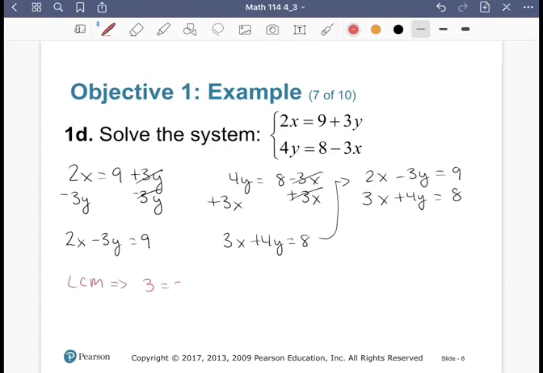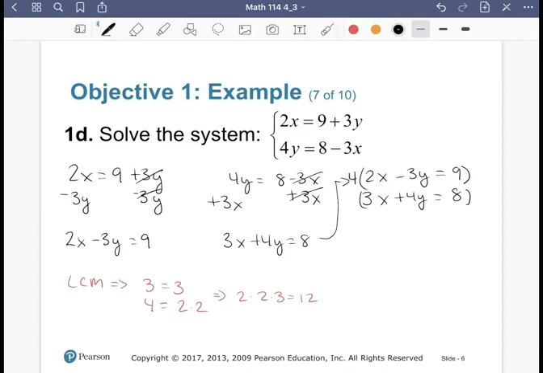So to find the LCM, I have that 3 is only 3. However, 4 is 2 times 2. They don't have any numbers in common, so I'm just going to write everything down. 2 times 2 times 3, which is 12. So the number in common is going to be 12. So that means that on top, I'm going to multiply by 4.